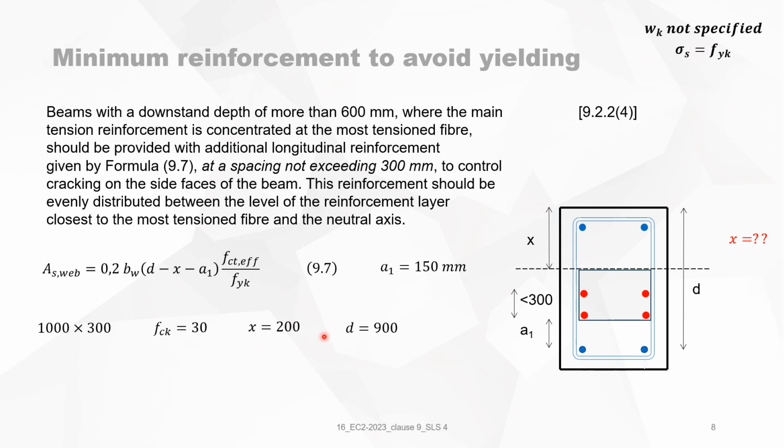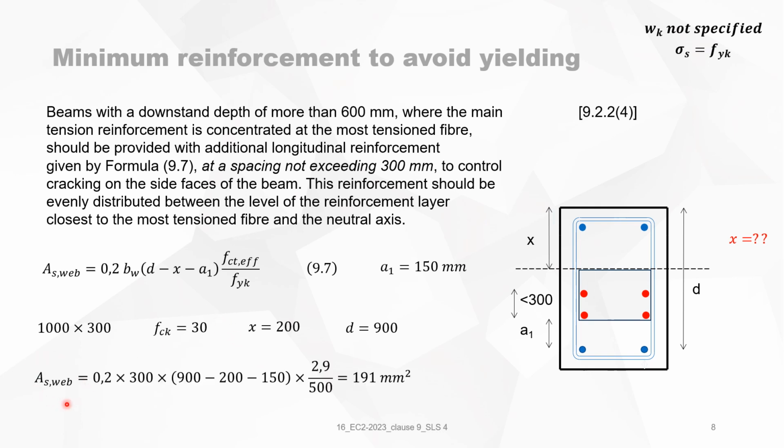It certainly is not the X under an external load from different load cases. So it should be a specific load case in a specific ultimate limit state, but it's not stated in clause 4. But now we can assume, because it's SLS, that it will not be more than 0.2 times the height or the depth of the beam. So we estimate 200 millimeters. It will be around that.